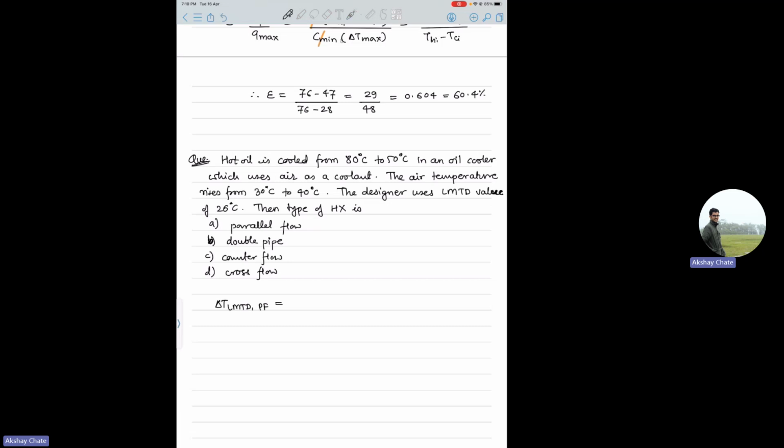In parallel flow, the temperature profile will look something like this, right? And the oil is cooling from 80 to 50.